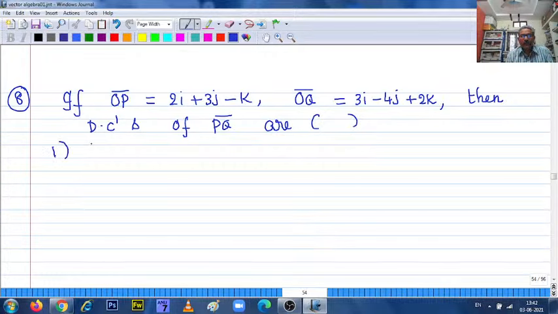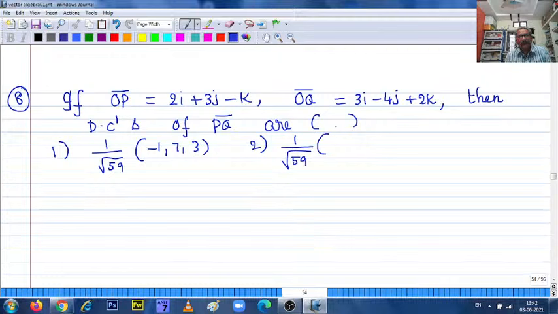So first option: 1 upon root 59 times (minus 1, 7, 3). Second option: 1 upon root 59 times (1, minus 7, 3).